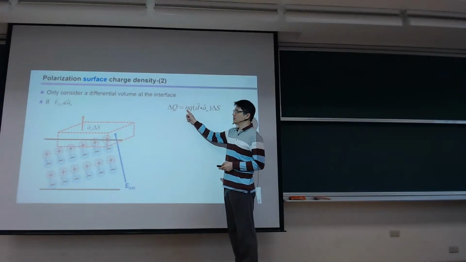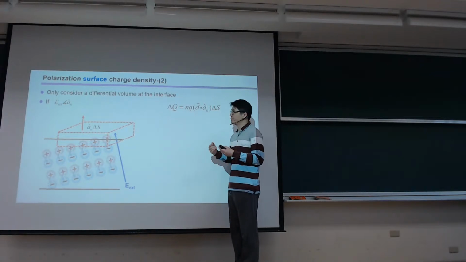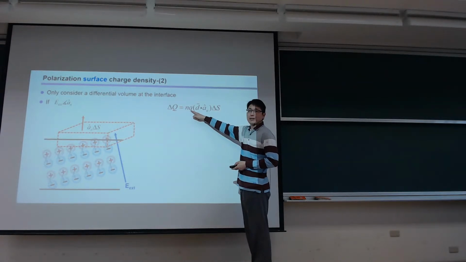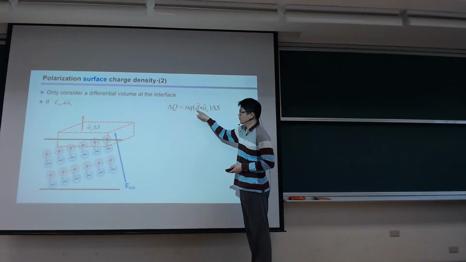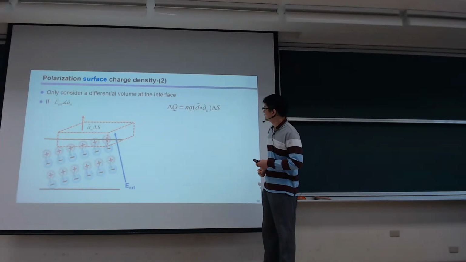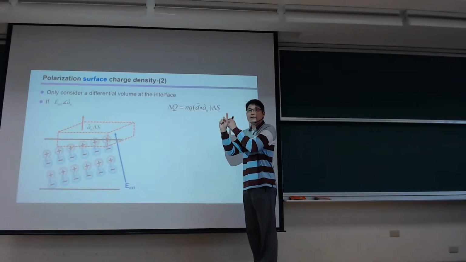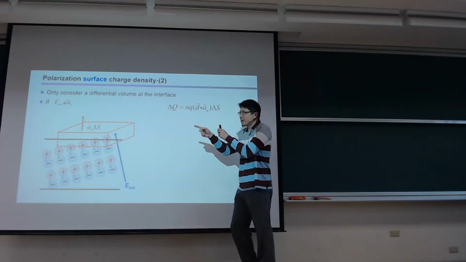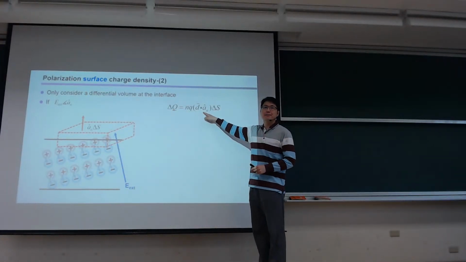And N, not capitalized, is the charge density per volume, multiplied by qd, that is how many induced electric dipoles are encompassed by my box. But since they are oriented at an angle with respect to my surface normal, I have to perform a dot product, right? And then multiply by my surface area.